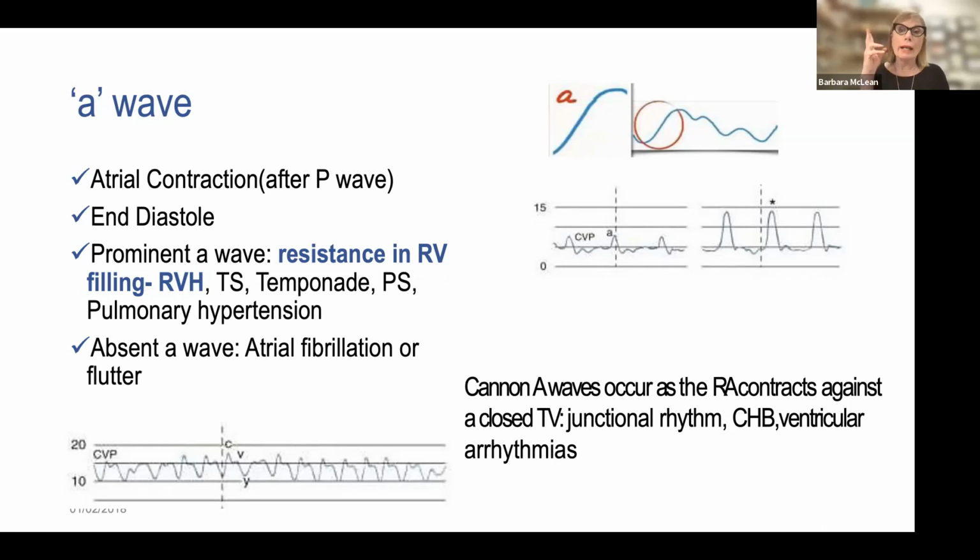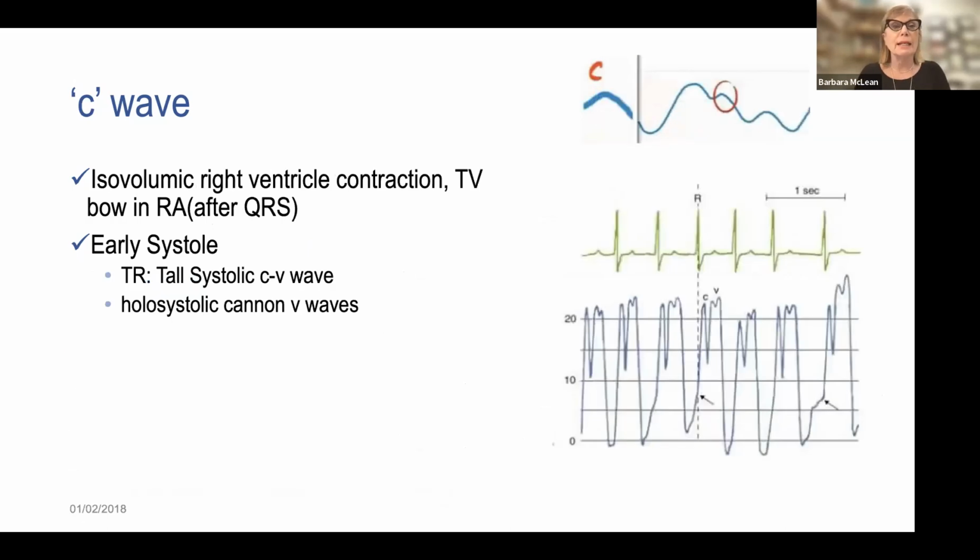Like you shot it out of a cannon, it's a really big waveform, and it's going to really obliterate the value and the meaning of your ventricular filling pressure, because your cannon A wave may be huge, but your actual volume in your ventricle may be low, and that's why we really have to understand these waveform analyses.